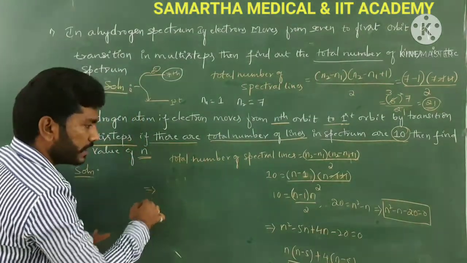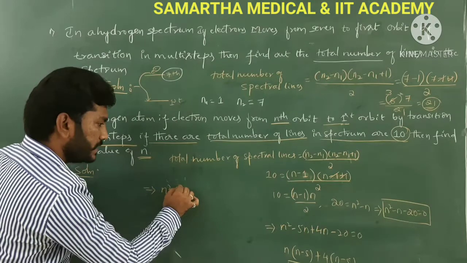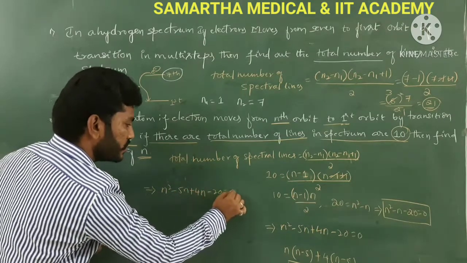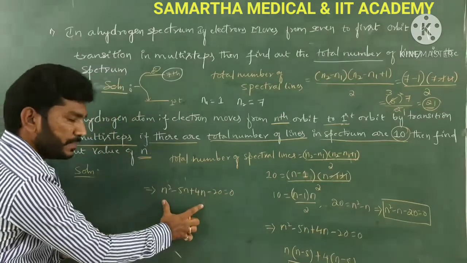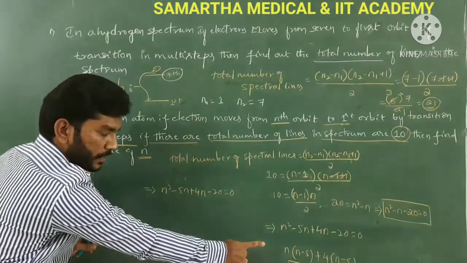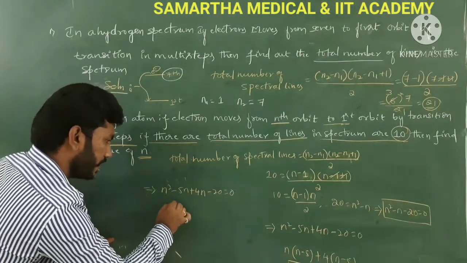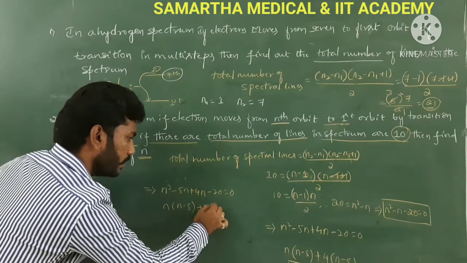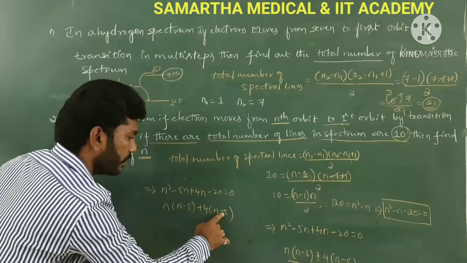Let's write that equation now: n square minus 5n plus 4n minus 20 equals 0. Guys, if you simplify this equation, we get this form: n(n minus 5) plus 4(n minus 5).